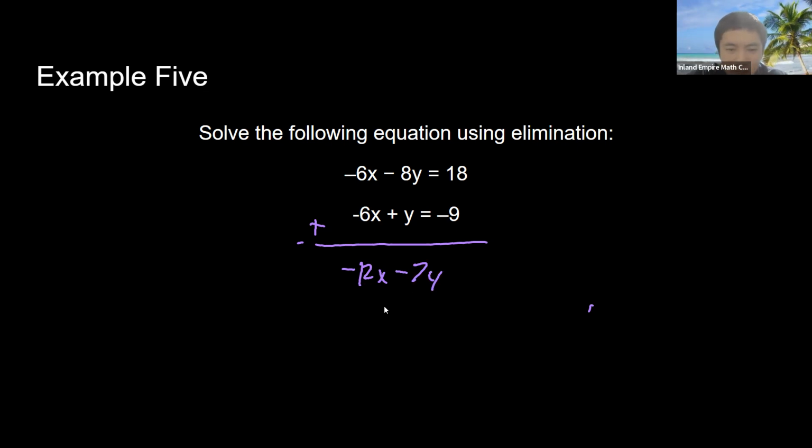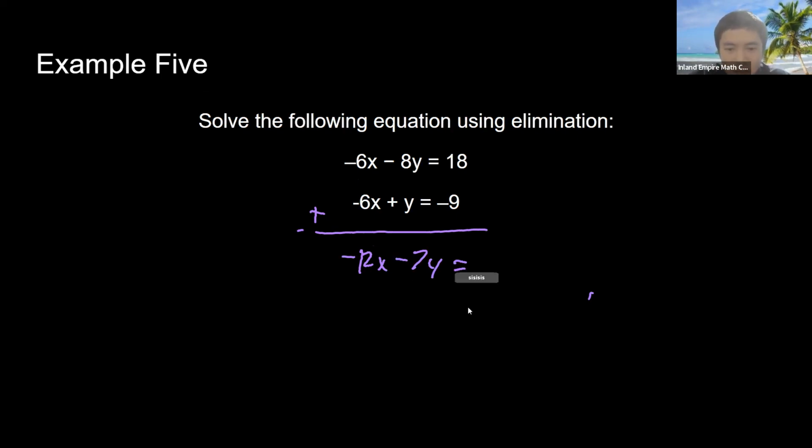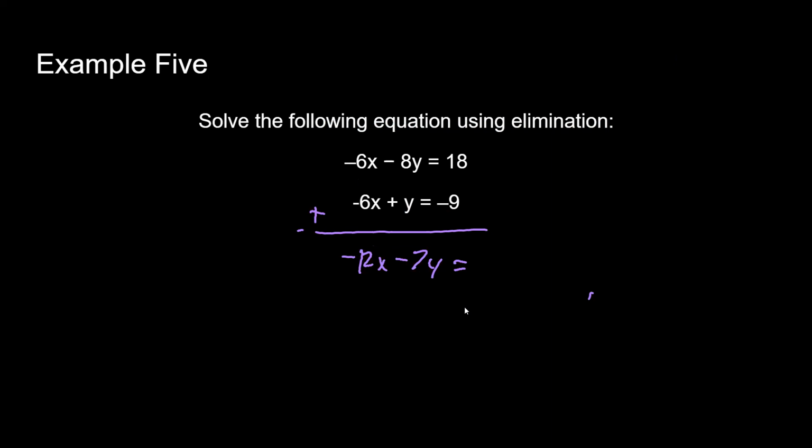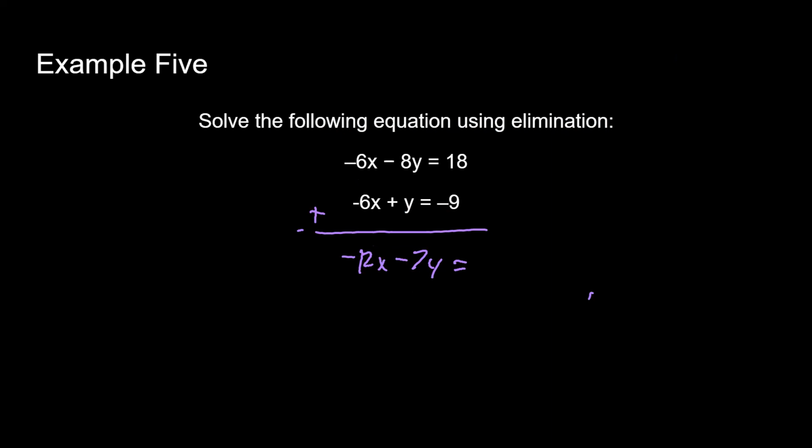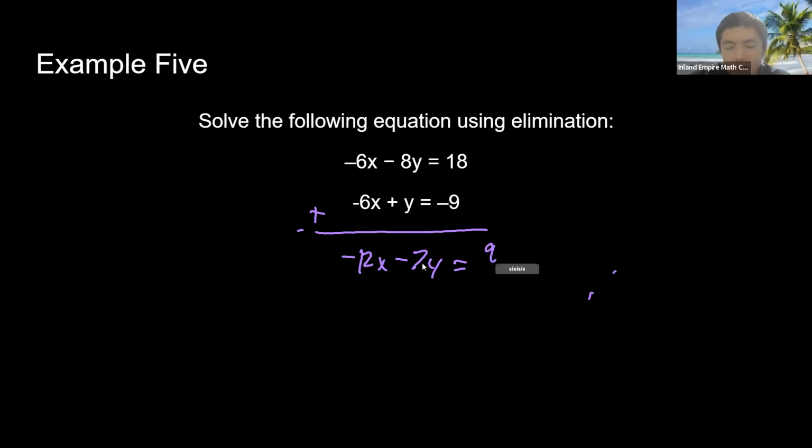Okay, Kevin, what would the right side be if you add them up? Just the right side of these two equations. 18 minus 9, right, and that's just 9. Right, Kevin, you're correct that adding the equations together gives us this equation.